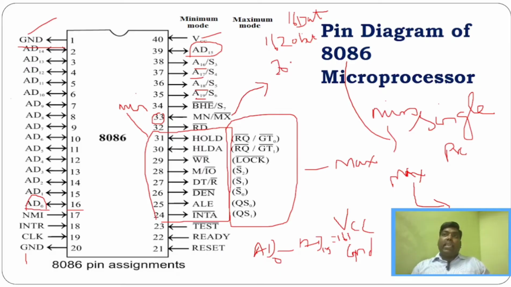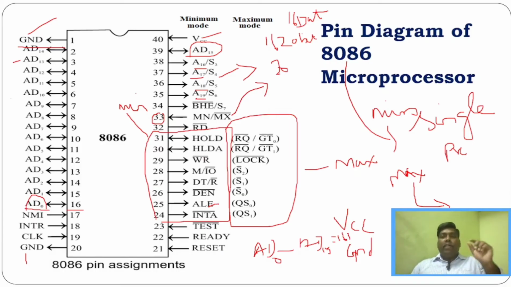These address lines will be time multiplexed with the data lines here, and multiplexed with the status lines here. And we have a very important pin which is ALE. This pin will demultiplex the address line, data line, and status line.